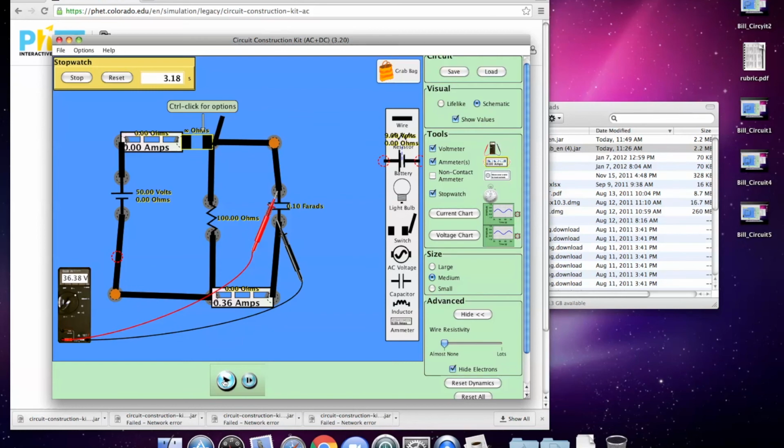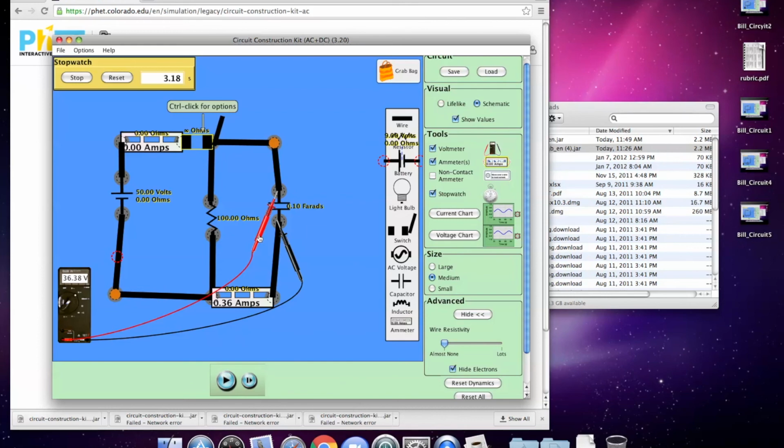But now after an evolution of 3.18 seconds, the voltage in the capacitor has fallen to 36.38 volts. The current flowing in the circuit has fallen from 0.5 down to 0.36 amps.